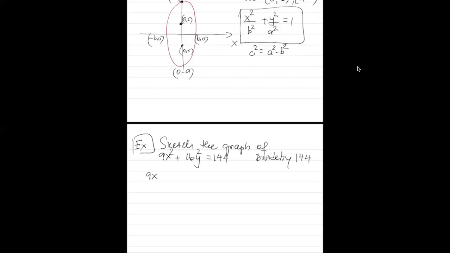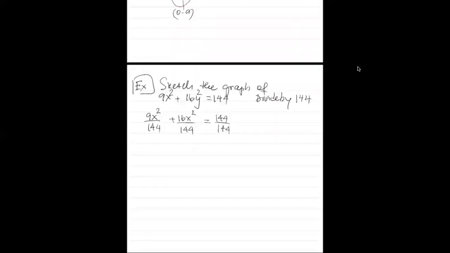So 9x squared over 144 plus 16y squared over 144 equals 144 over 144. Simplify, and we have x squared over 16 plus y squared over 9 equals 1.